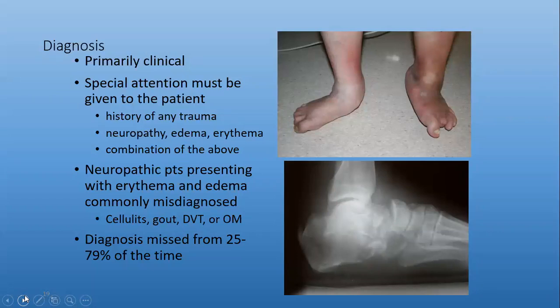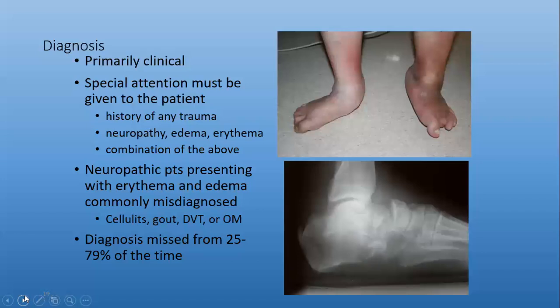Neuropathic patients who present with erythema and edema are often misdiagnosed. The range of misdiagnosis is from 25 to 79%. That's a very high number, which is kind of a quote unquote scary number of all these patients who are not offloaded and taken off of their Charcot deformity.